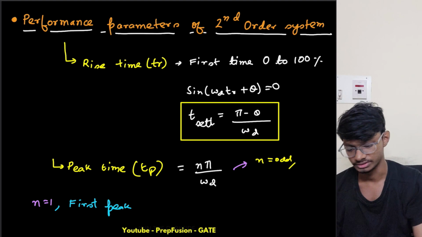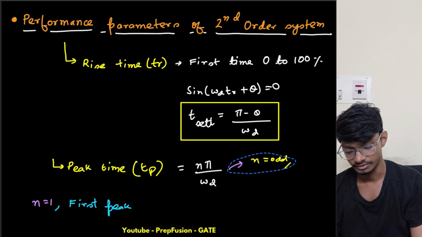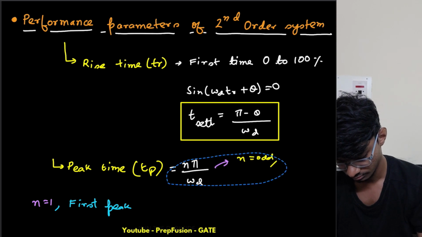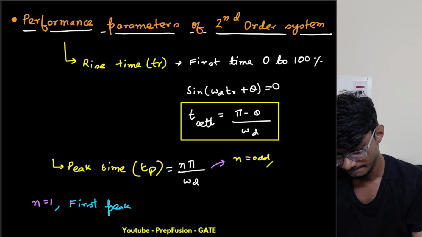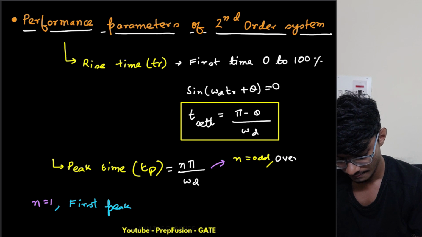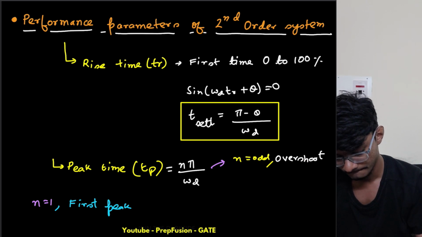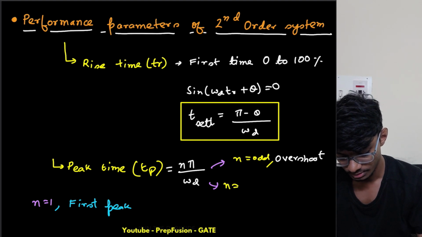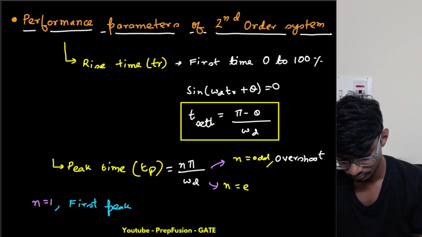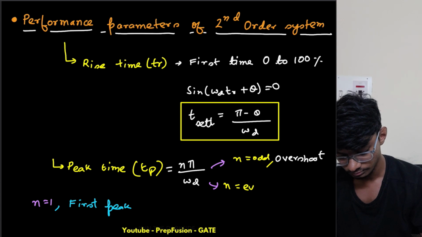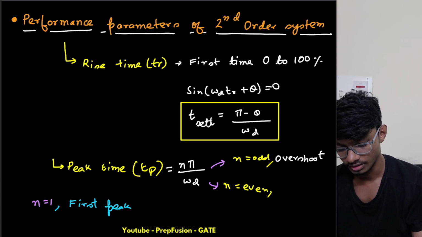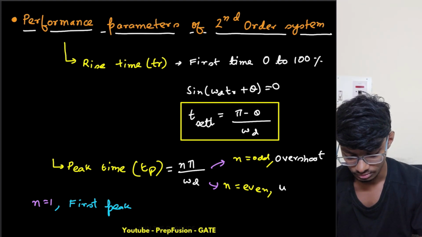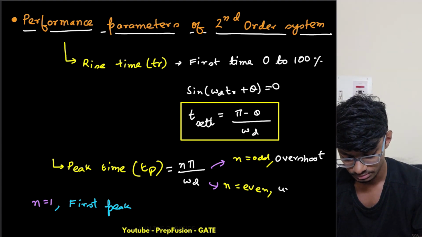I am shooting above my steady state value, known as the overshoot. And if my n is even, then I am at the undershoot, so I'm getting minima.